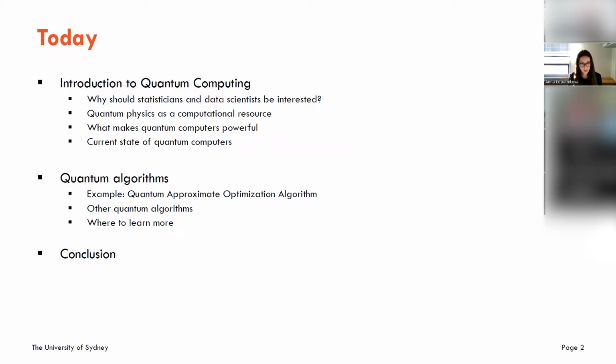Then the second part, the smaller part of the talk, I'll talk about quantum algorithms, what kind of quantum algorithms exist today, and then dive into one example, the quantum approximate optimization algorithm, which is an important algorithm that is also possible to cover in a short period of time in a seminar. And then I will conclude.